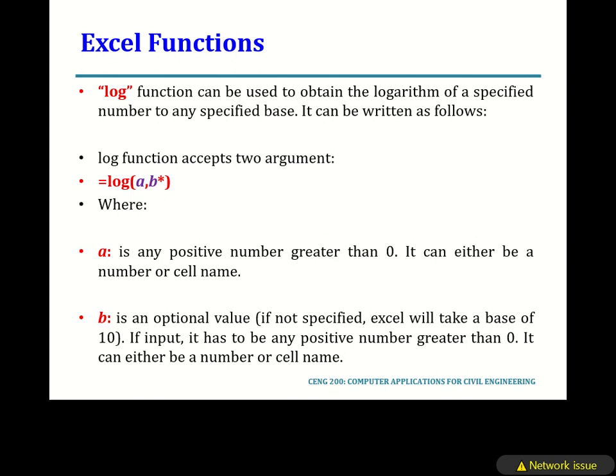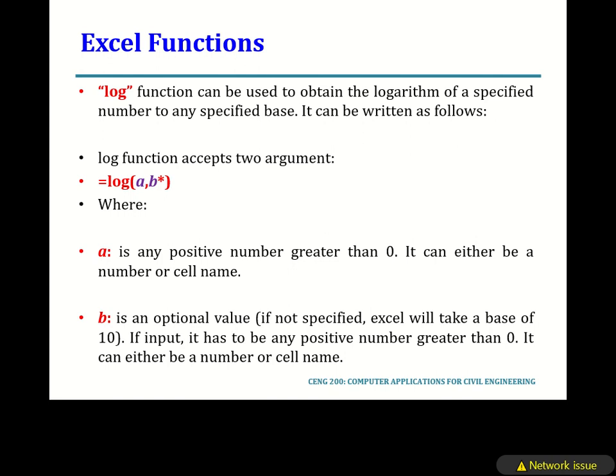So you will see in the slides, there are many functions in which one of the inputs has an asterisk sign. The asterisk is not part of the function. An asterisk means it is optional, so you don't have to type an asterisk in Excel.